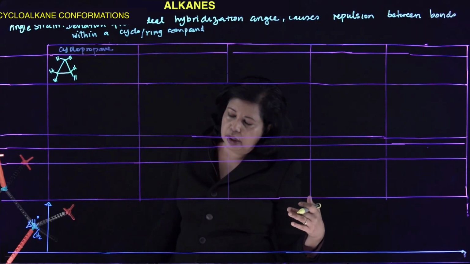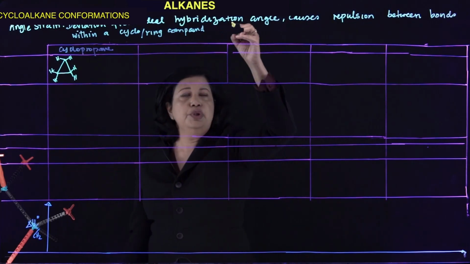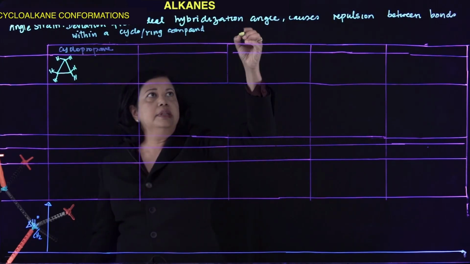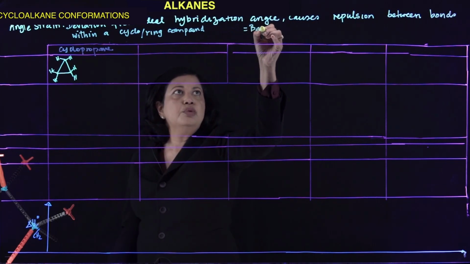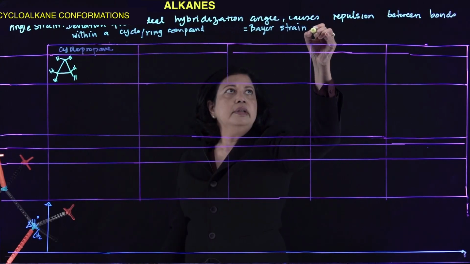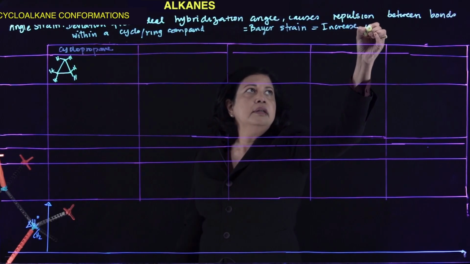It's also called Bayer strain. I think it was like von Bayer, sounds very German, but he's the guy who discovered it. So angle strain, so this is also called Bayer strain, is equal to the increase in energy due to angle strain.